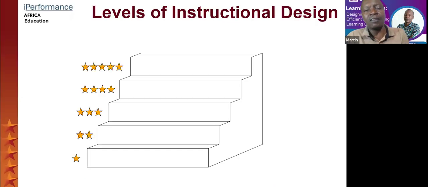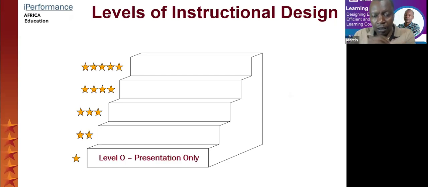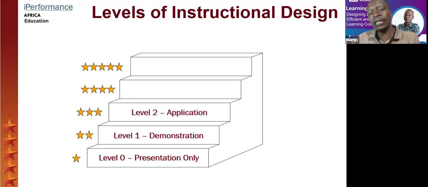So these are the 5 levels of instruction. Level 0 is when you're doing presentation only. Level 1 is where you have presentation and demonstration. 3-star is when you're doing presentation, demonstration, and application.